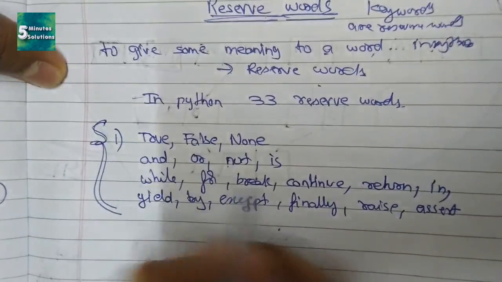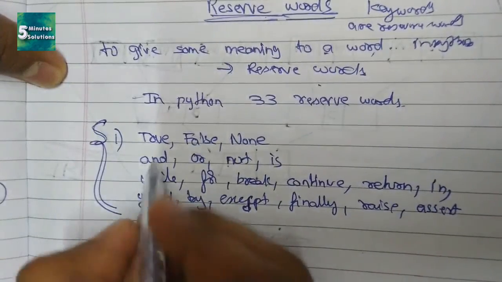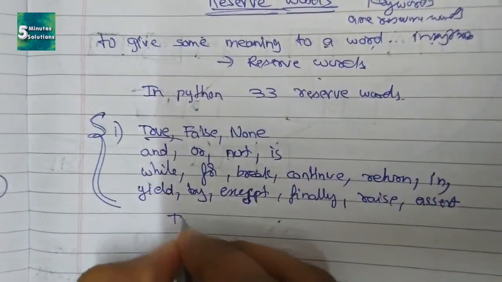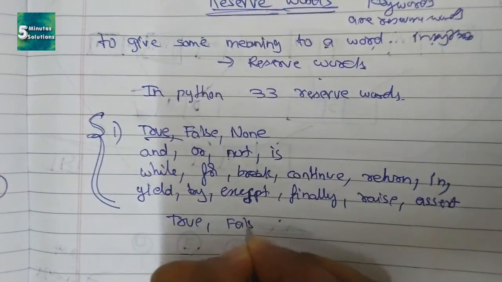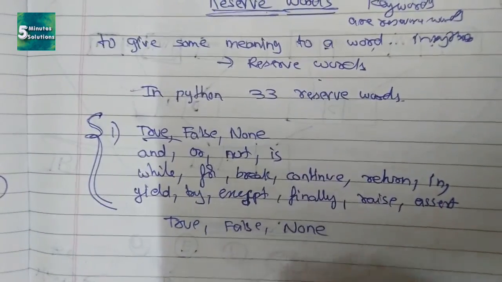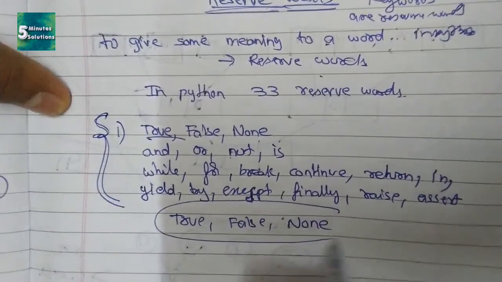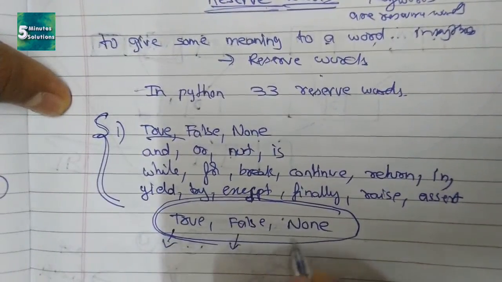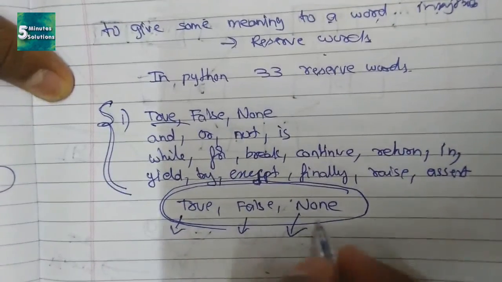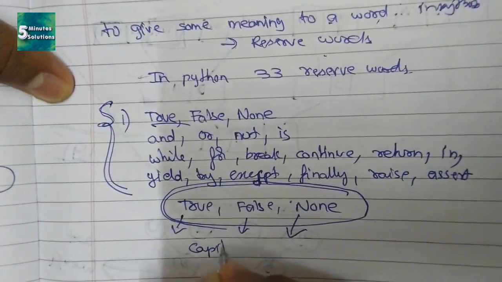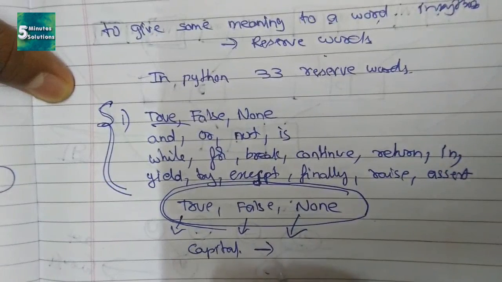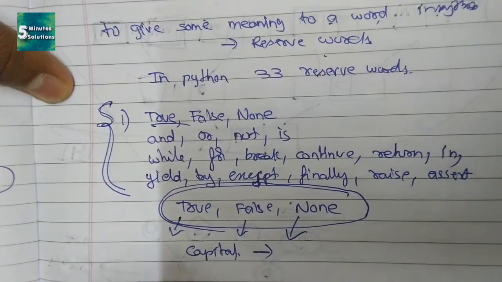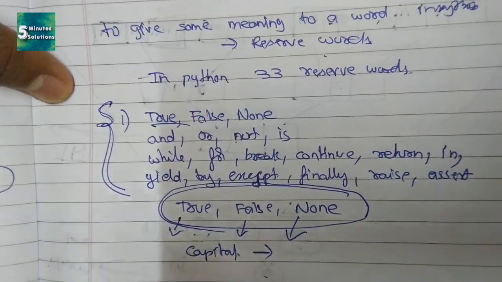In Python, True, False, and None, these three words should always start with a capital letter. If they are in small letters, it will show an error. Remember this point, this is very important.